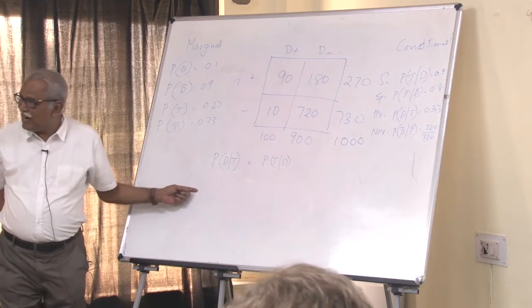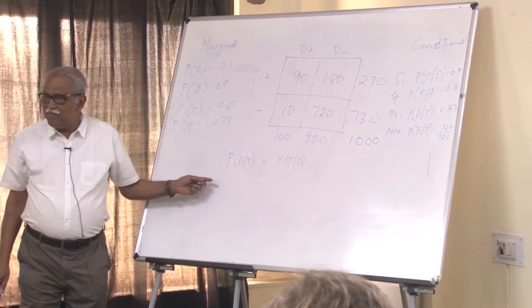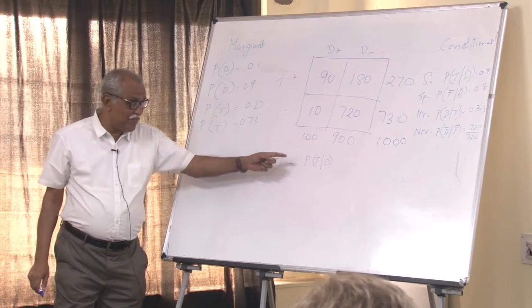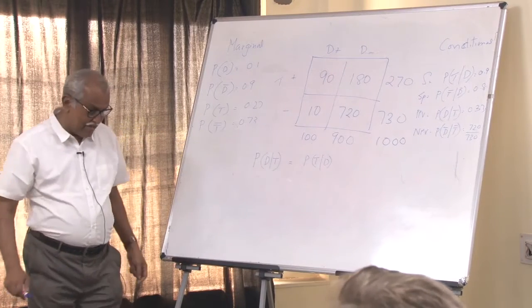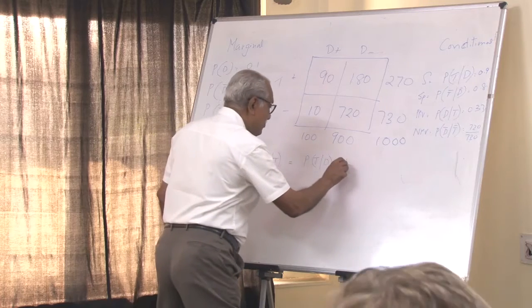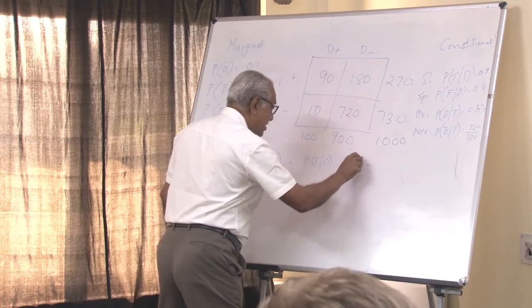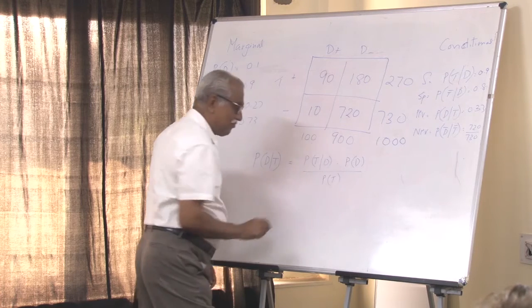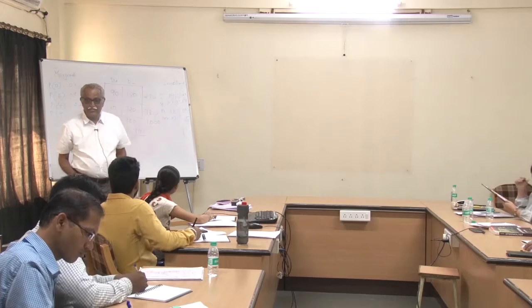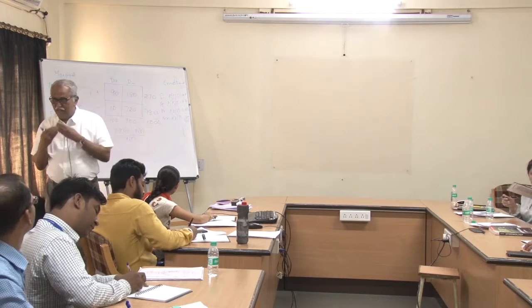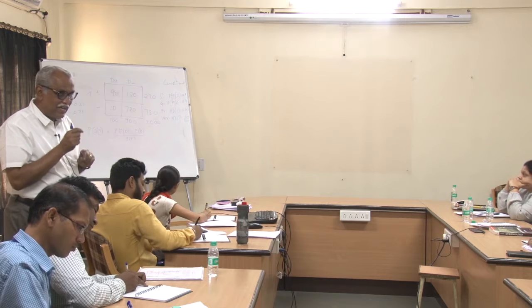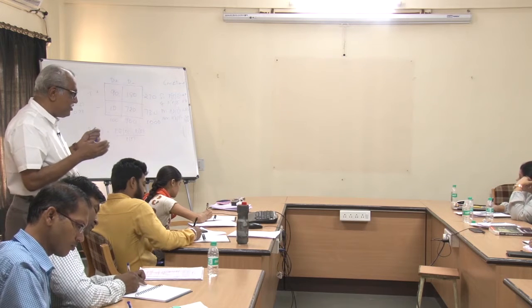You see, this is a mirror image. Probability of disease given test is equal to probability of test given disease times probability of disease divided by probability of test. That is what Bayes' theorem was, a fantastic invention. And I'll explain to you why it is important. But for the time being, just put the numbers and calculate and see, am I telling the truth?